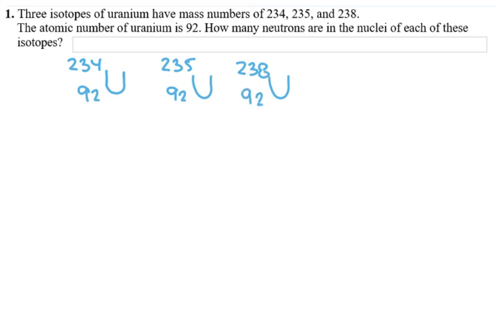If I subtract the numbers, I will find the number of neutrons in each. The number of protons is 92 for each of them, and I have 142 neutrons in this case, 143 neutrons in this case, and 146 neutrons in this case.